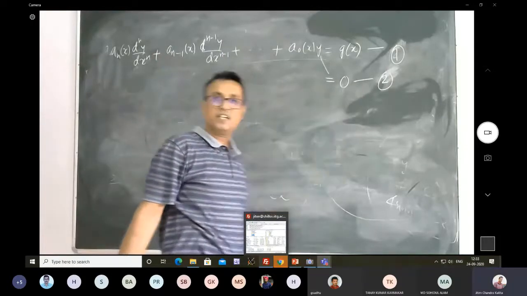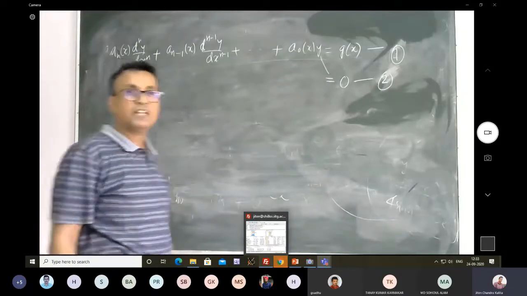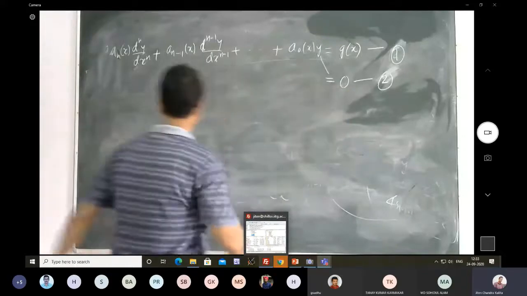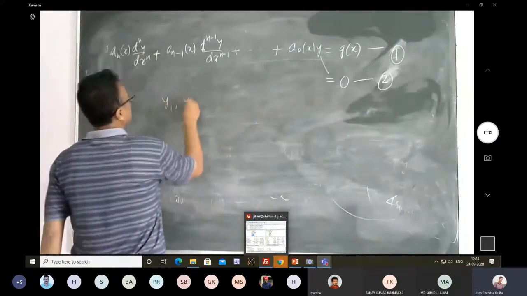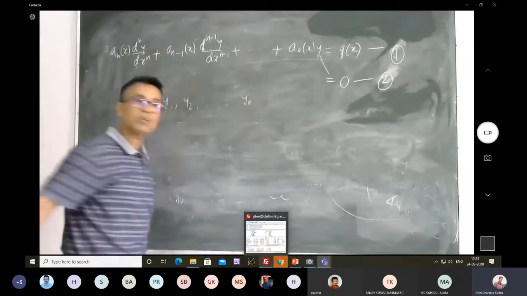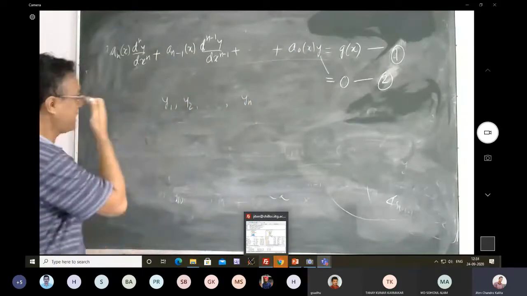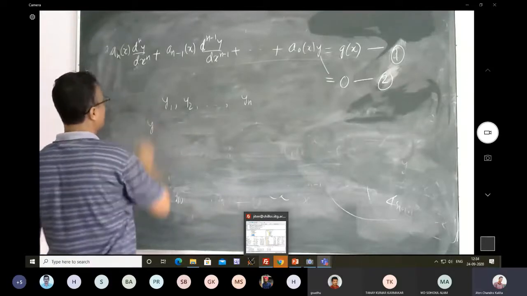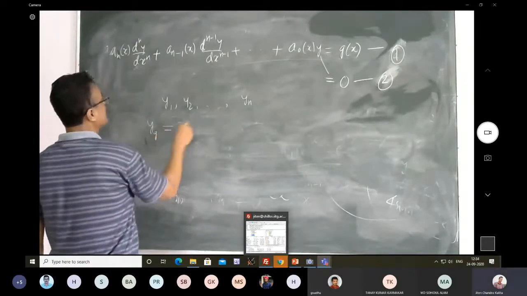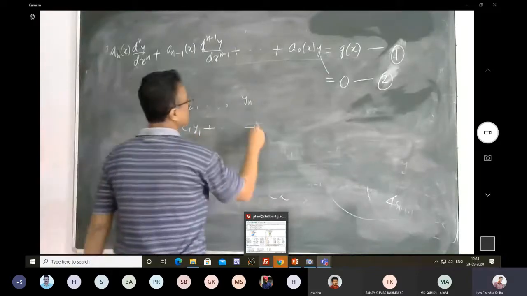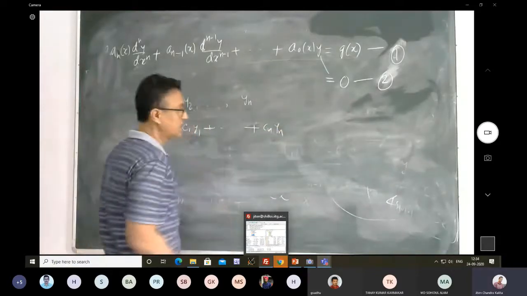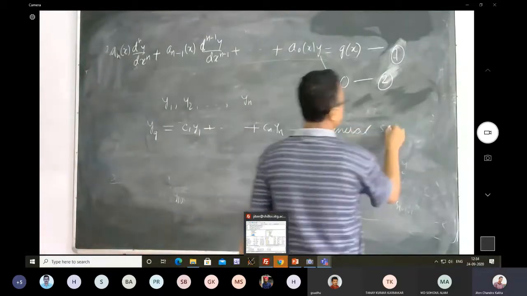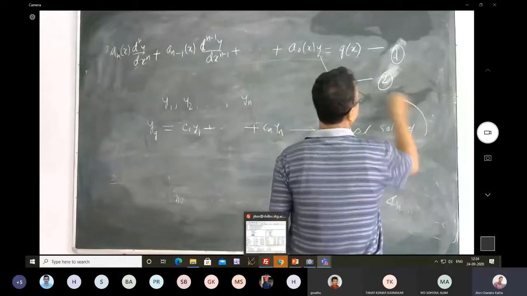Okay, so then if I can find n linearly independent solutions of this homogeneous counterpart, given by say y1, y2, up to yn, then definitely y_h, which is equal to c1 y1 up to cn yn, is going to be a general solution of equation 2.